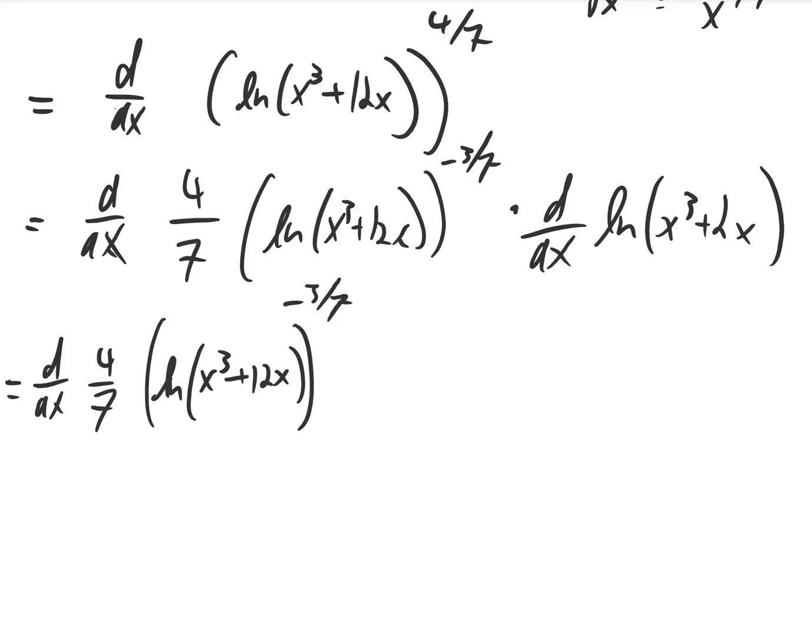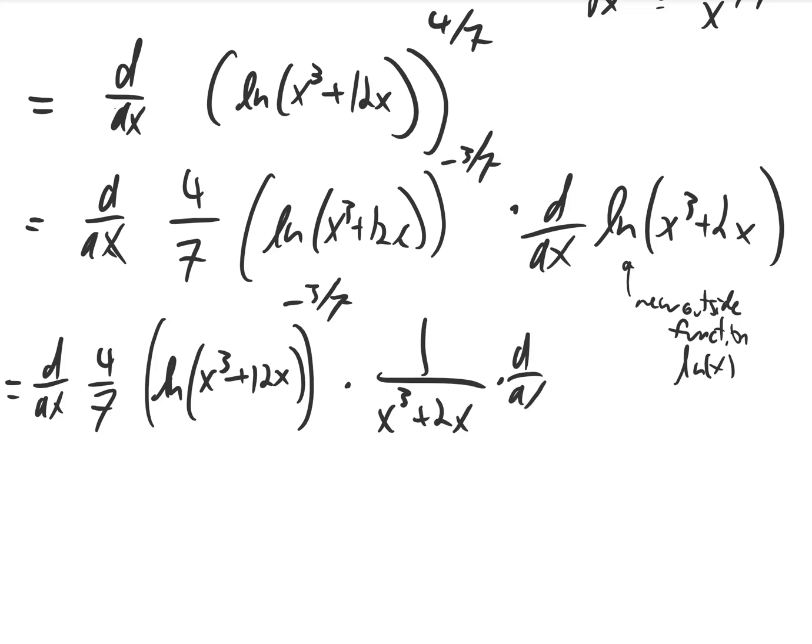All right, so the derivative of natural log. So this is our new outside function. Looks like natural log of x. Its derivative is 1 over x. So we'll write 1 over x cubed plus 2x. But then because of chain rule, we have to do times the derivative of our new inside function, x cubed plus 2x.